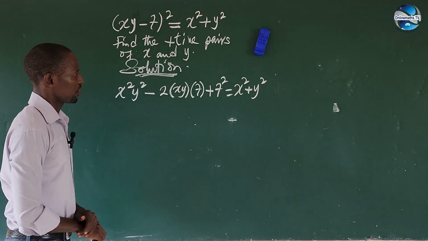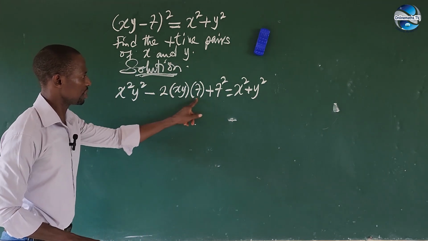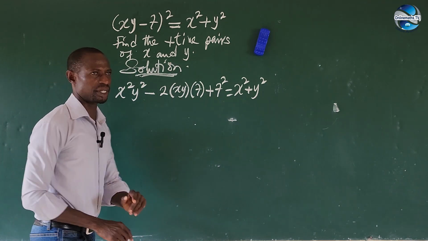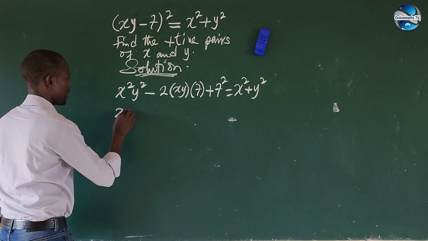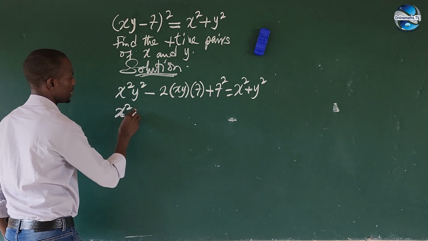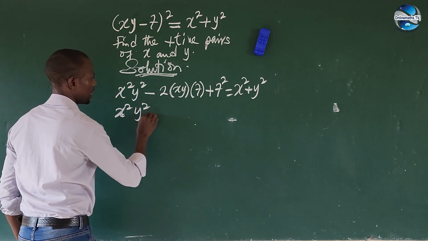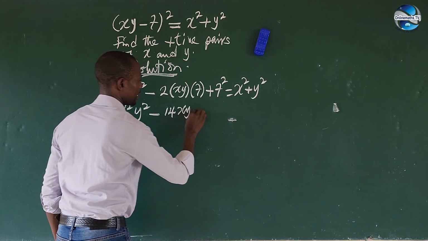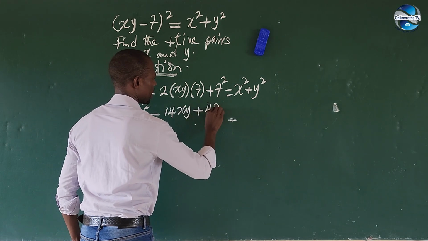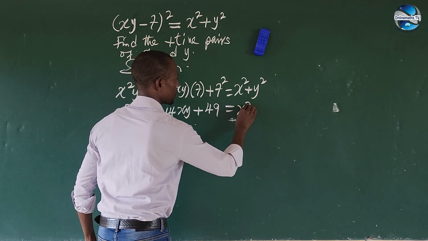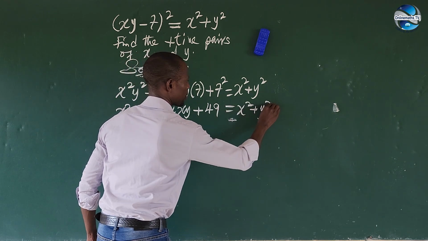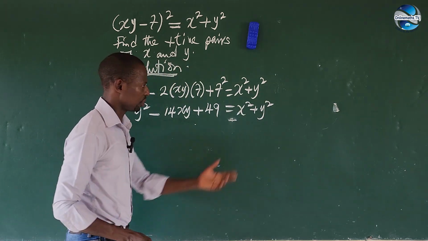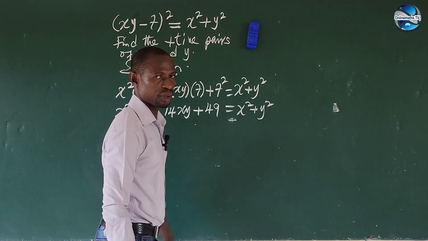Now we can open this and find the numerical values. We have x²y² − 14xy + 49 equal to x² + y². Next, we want to rewrite this side of the equation.